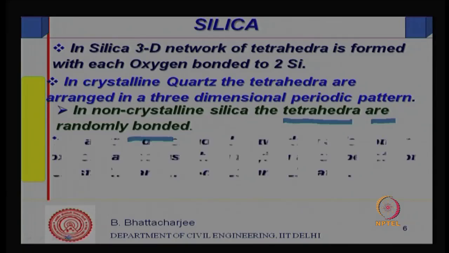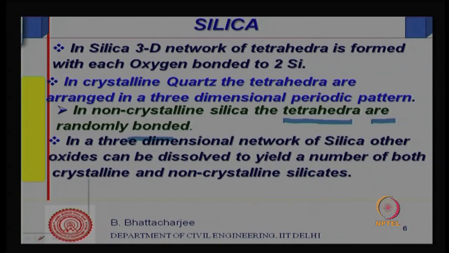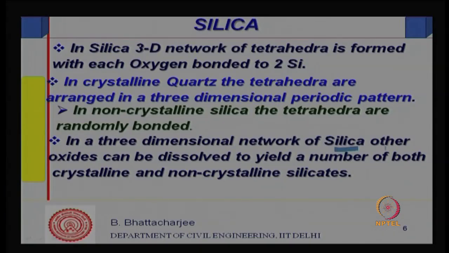Now, in cements, basically, silica can combine with other oxides. In the 3-dimensional network of silica, other oxides can be dissolved to yield a number of crystalline and non-crystalline silicates.